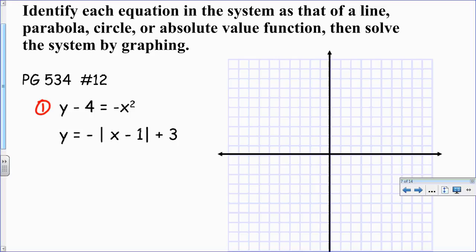It's a parabola because there's just one squared term. Y is not also squared, so you can add 4. So it's y equals.